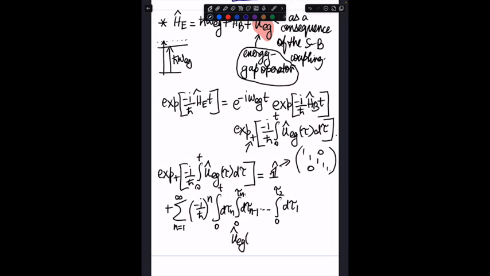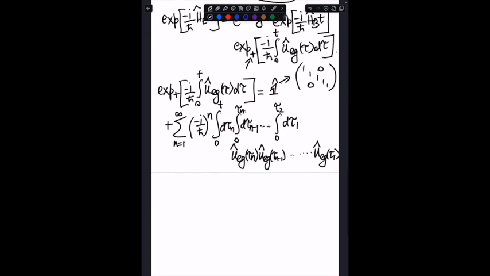You had Eg tau n, you had Eg tau n minus 1, and it goes all the way to Eg tau 1. So that's how this works.